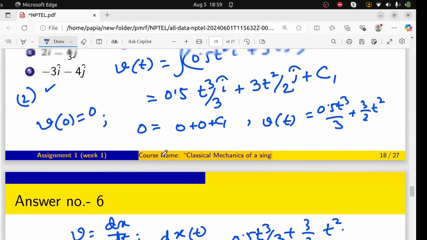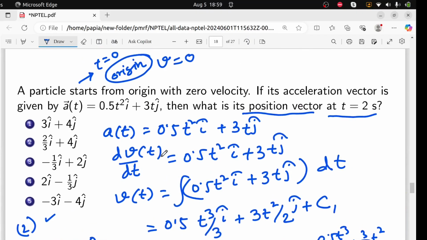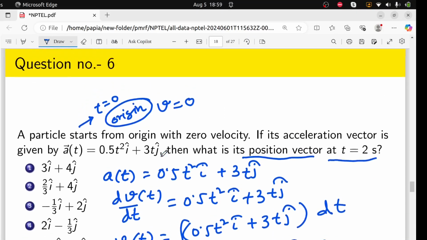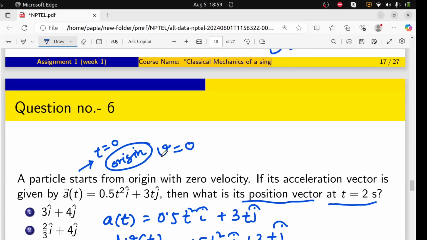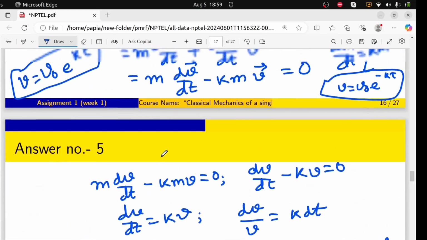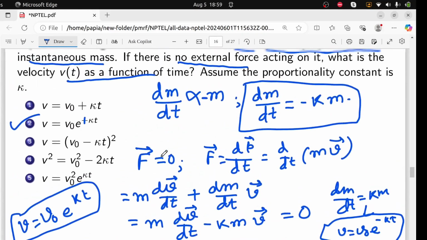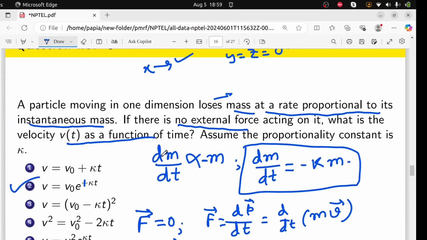Then this is question number 6, and the answer. Then question number 5. Just make sure that that is a loss of mass. If it is a gaining mass, then there will be a plus kn.